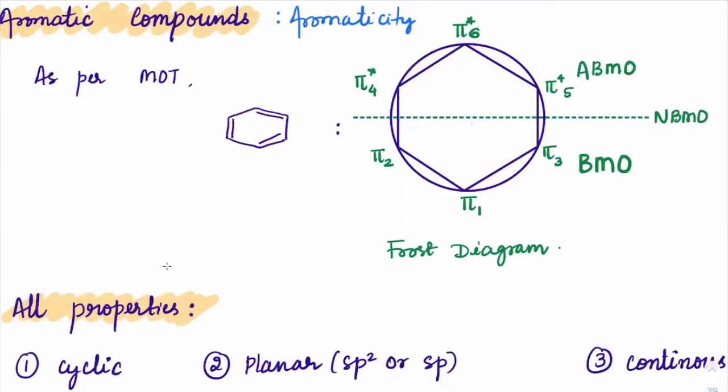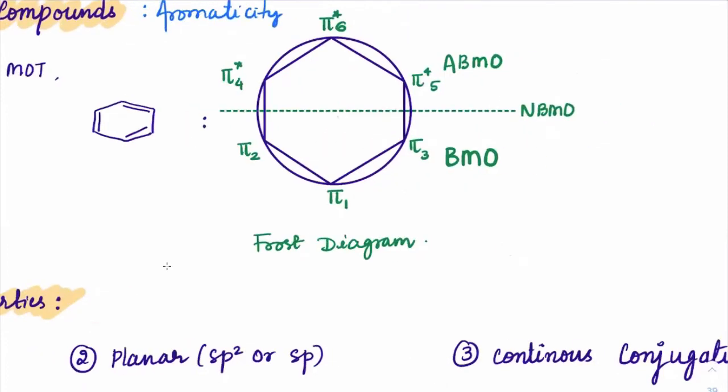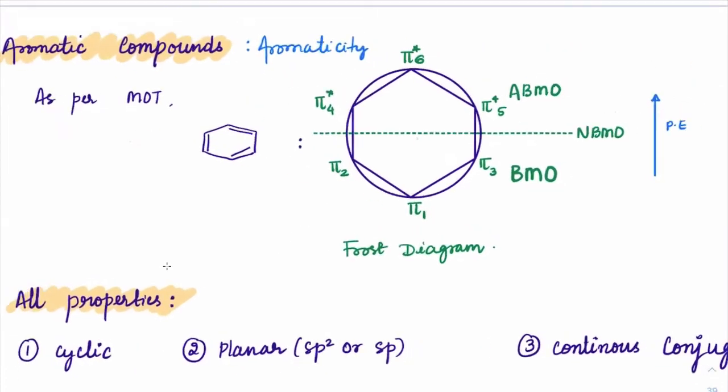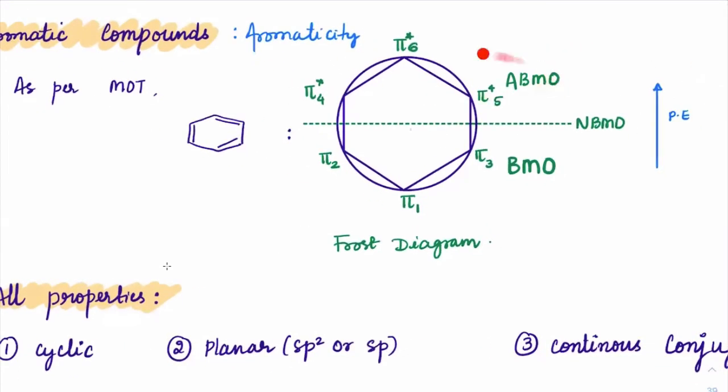Now, students, the distribution is always about pi electrons only, not sigma. This is the increasing energy order, which is how the potential energy varies. The more electrons that come towards the anti-bonding molecular orbital, the more potential energy and less stability. The more electrons in bonding molecular orbitals, the less potential energy and more stability.